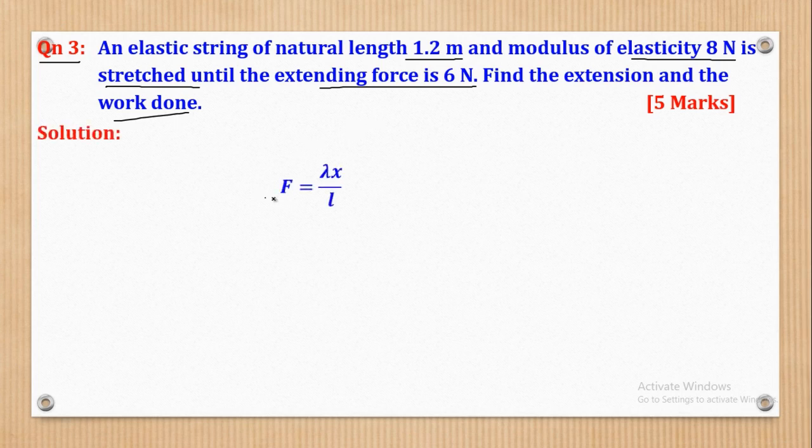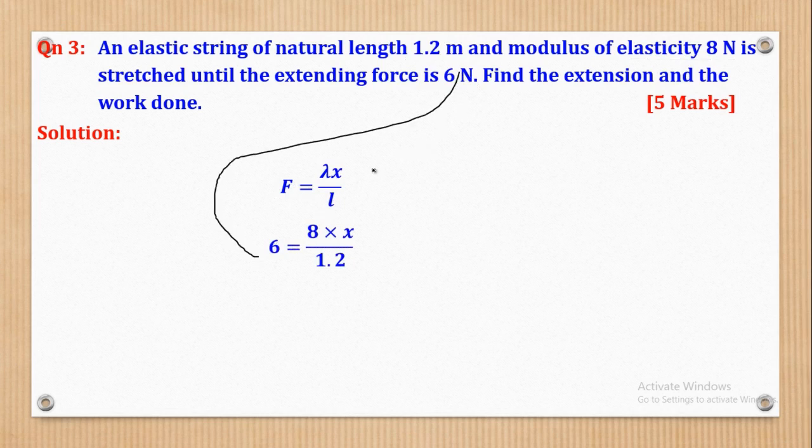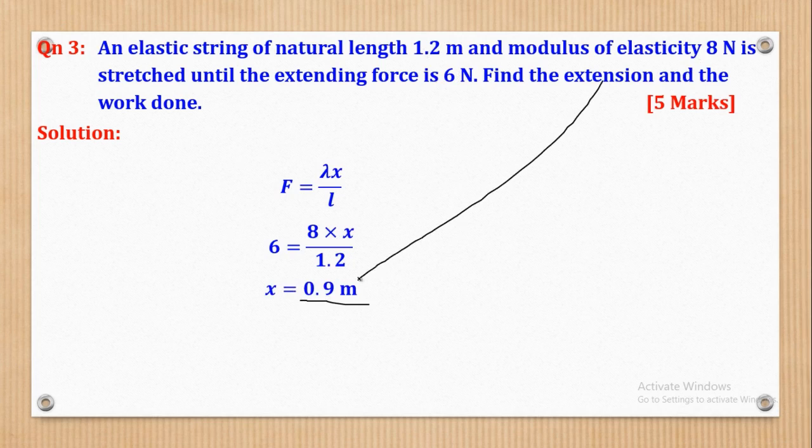First of all, this is the formula for force: modulus of elasticity times extension over natural length. Therefore, we're going to substitute: force was given, modulus of elasticity was given, original length was given. My aim is to make x the subject. So when I make x the subject, it will be 0.9, which is the extension.